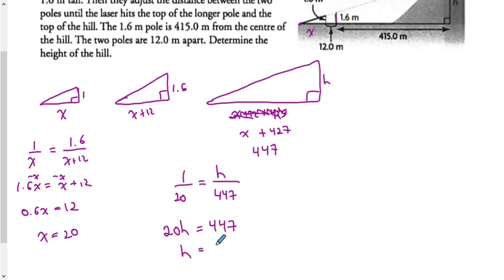Divide 447 by 20, and we're going to end up with 22.35 meters. And then we can say, therefore, the hill is 22.35 meters tall. Tricky one. Okay, let's go on to our last one.